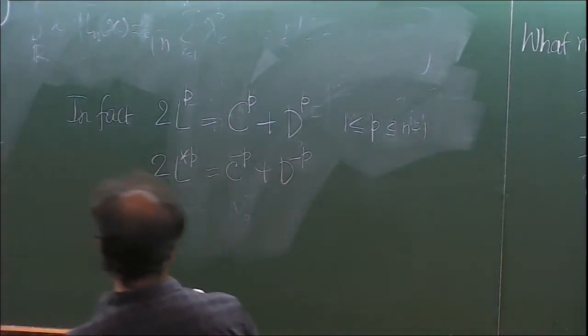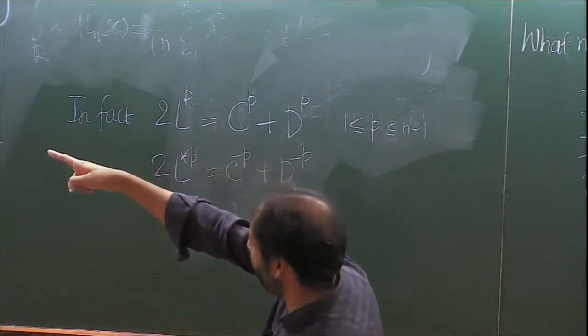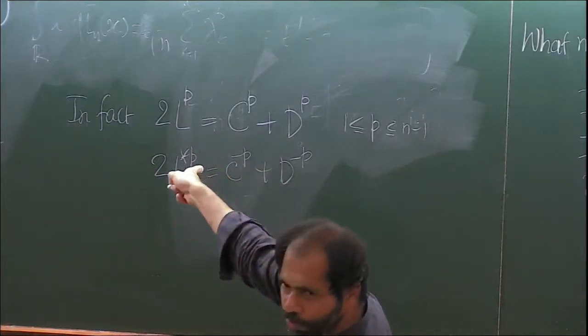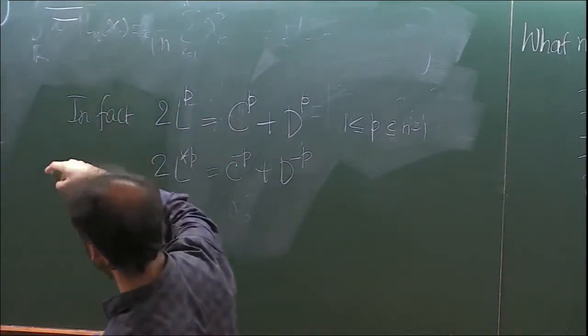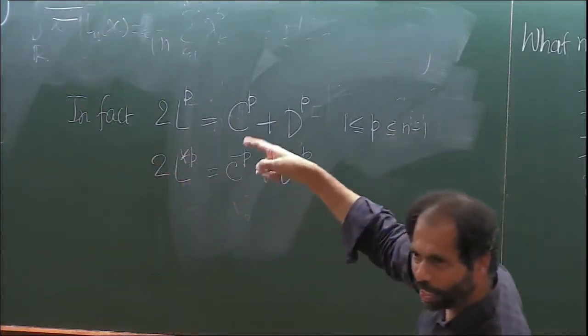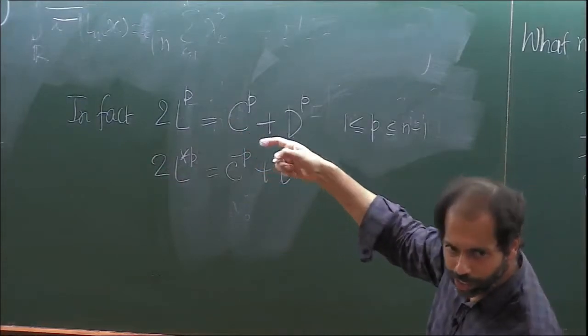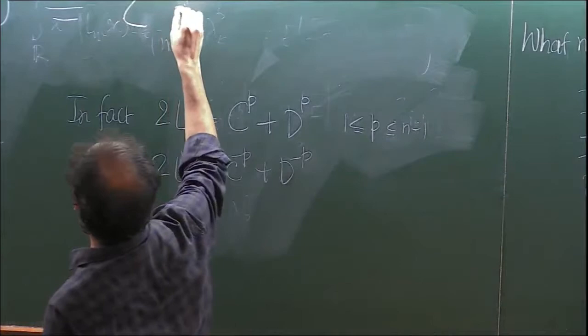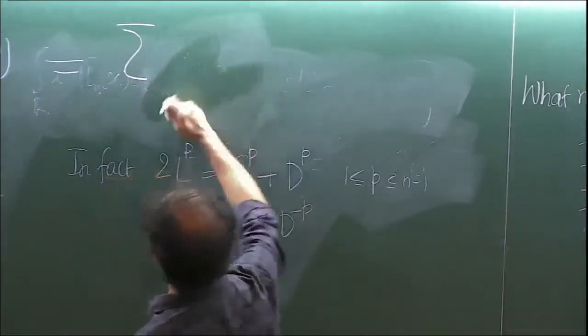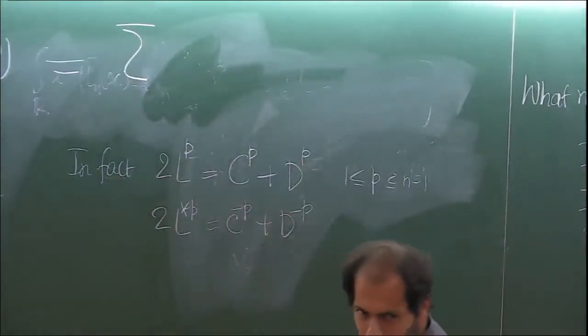So the point is, because of this, we can write this entire matrix in terms of C and D. So what this leads to is, if you write this L and L stars and powers of L and L star in terms of C and D, you just get a polynomial in C and a polynomial in D, a sum of the two things.